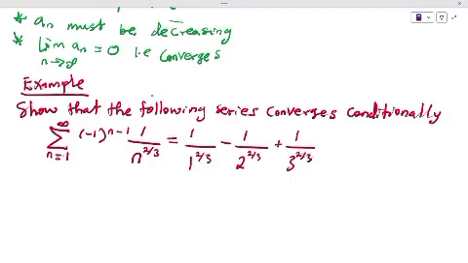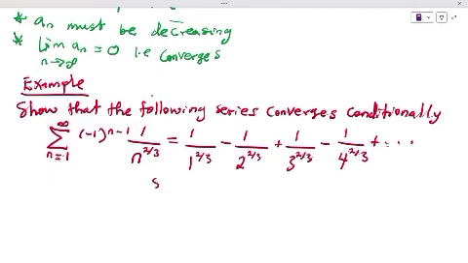Then you can see the way the signs are alternating, right? The next one is what? Minus 1 over 4 to the power of 2 over 3, and it continues like that to infinity. So how do we solve this question?